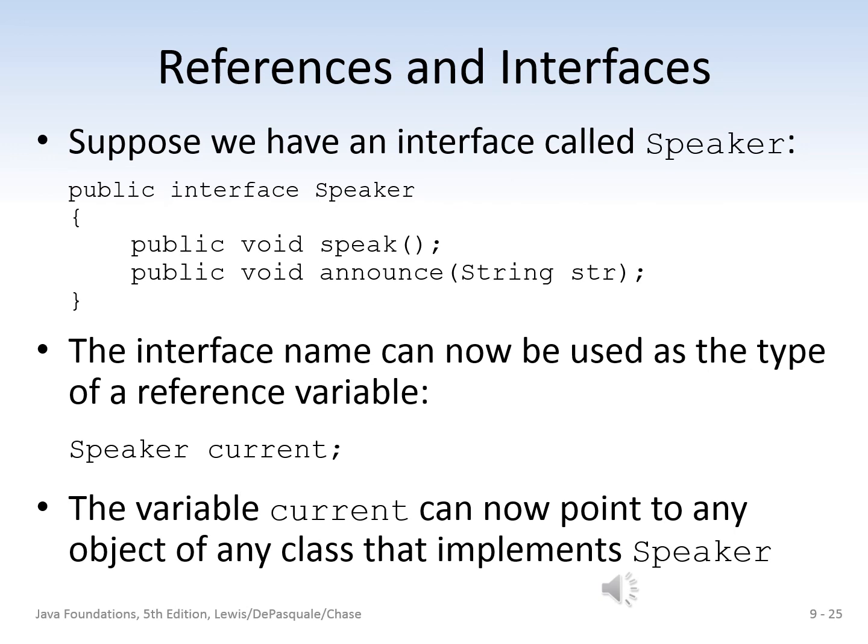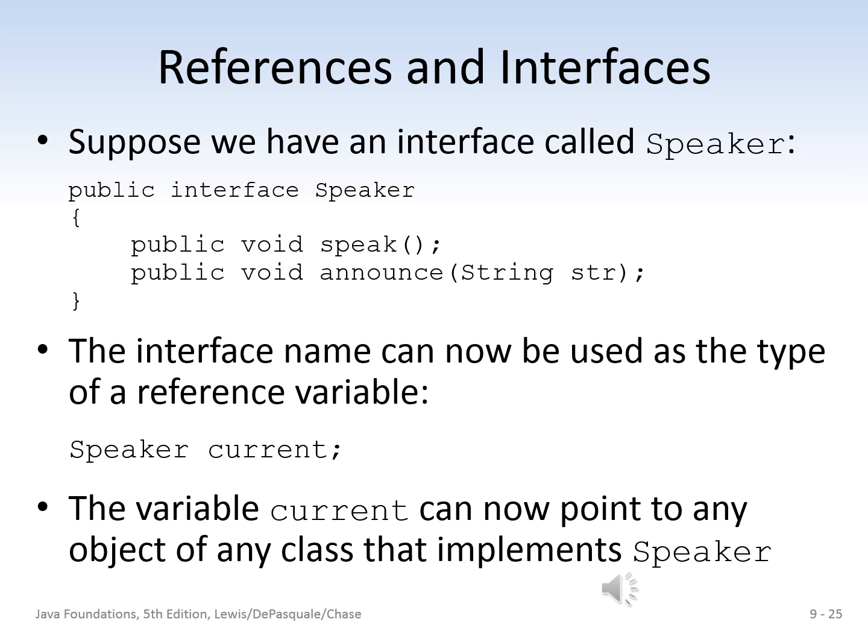Now let's develop the important relationship or linkage between polymorphism and interfaces. Here we have an interface named Speaker that has two abstract methods, speak and announce. This interface name can now be used as the type of a reference variable.